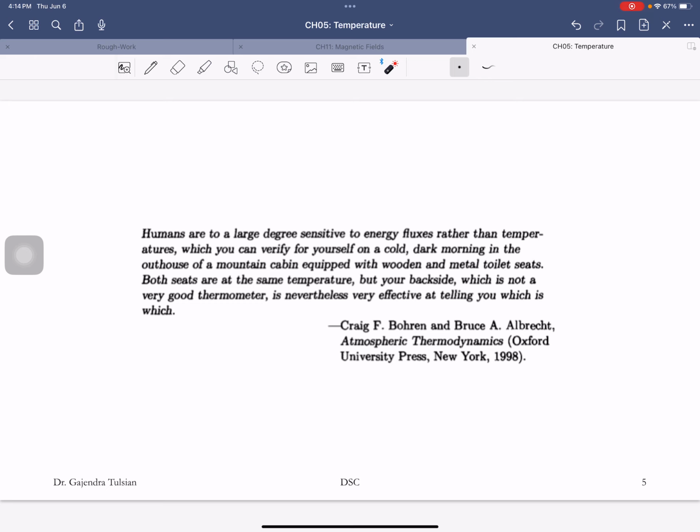Now, interestingly enough, let's say here's a metal object at 10 degrees Celsius, and here's a piece of wood at 10 degrees Celsius. If you touch them, the steel will feel colder than the wood.